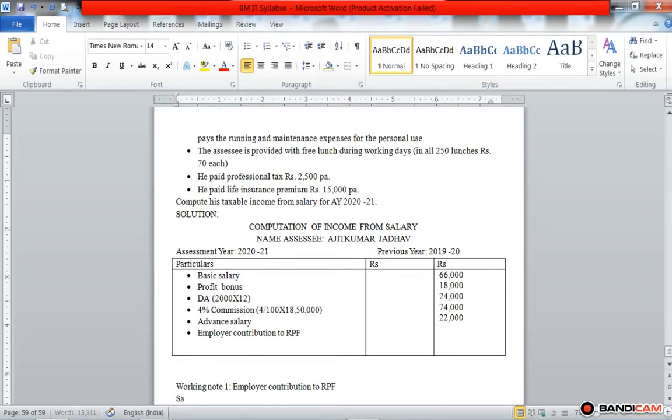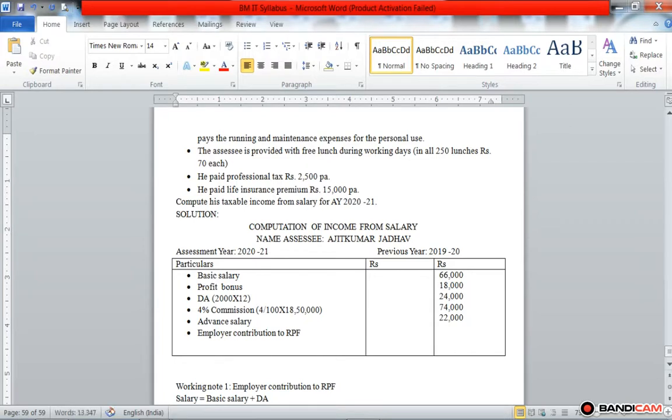Salary is equal to basic salary plus DA.